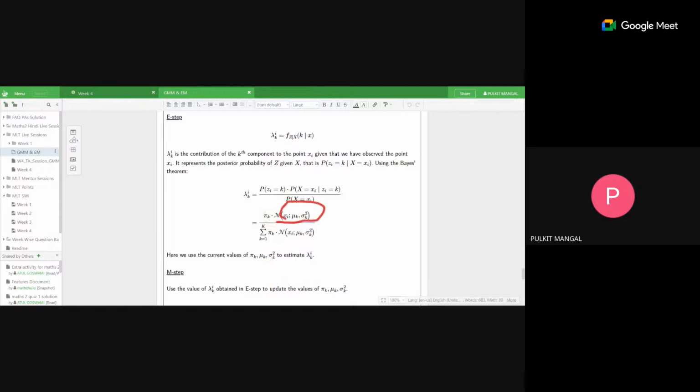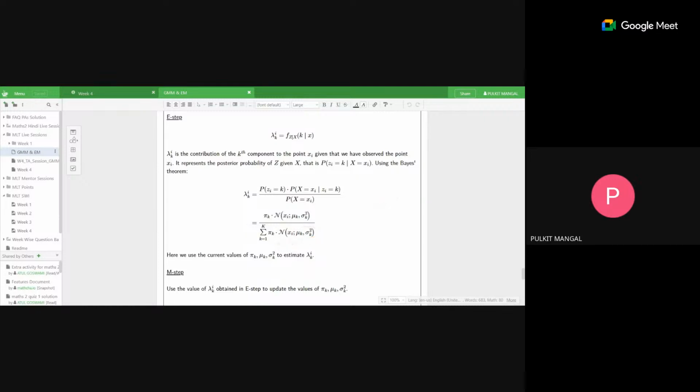This is our likelihood, and the summation that we were doing inside that list comprehension. Is this clear now? So what's the next thing for calculating lambda ik? We need to multiply prior into likelihood divided by evidence.